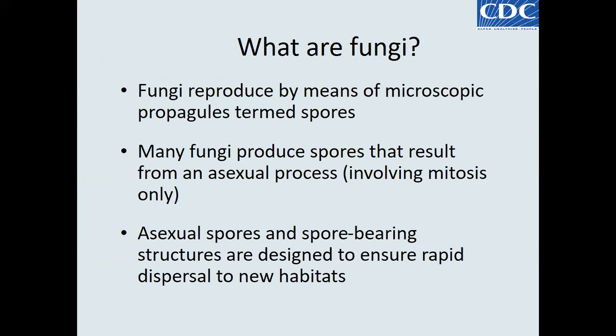So the other interesting thing about fungi is the way they reproduce. They have an asexual reproduction form and a sexual form. And the asexual process, interestingly enough, is what is more successful at putting the spores out into nature, helping them disperse into new habitats and keep going.